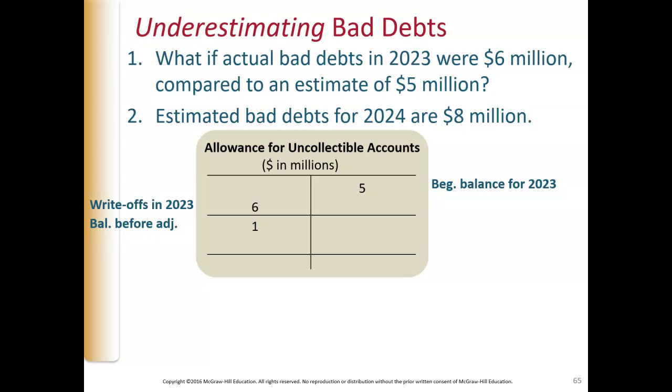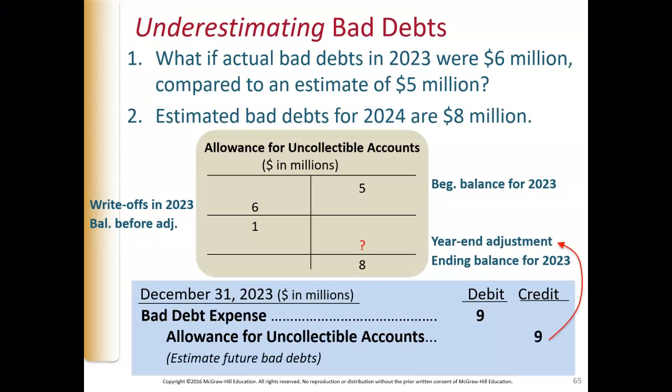But this year we want it to be $8 million. So guys, what did we do? We underestimated it. Do you see what I'm saying? We thought we would have $5 million of uncollectible accounts, but we actually had more. So in the next year, we need to catch up for what we underdid. Do you see, if this is the example, we would then show a bad debt expense of $9 million?